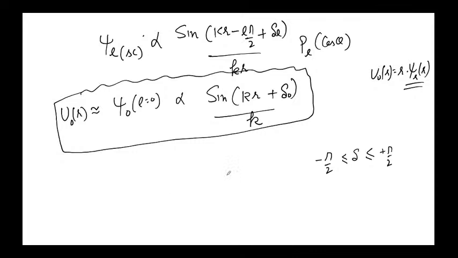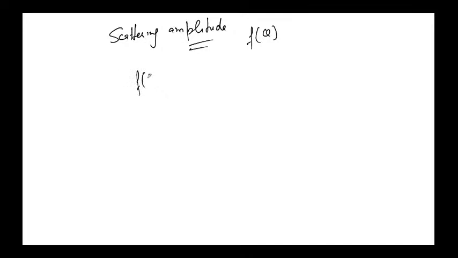So for the scattering amplitude, once we calculate the scattered wave solution and the incident wave solution, from that we can calculate the scattering amplitude. The scattering amplitude, f of theta, will be equal to the scattered wave function minus the incident wave function.